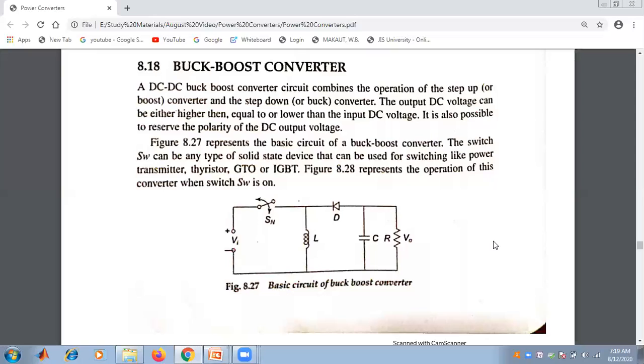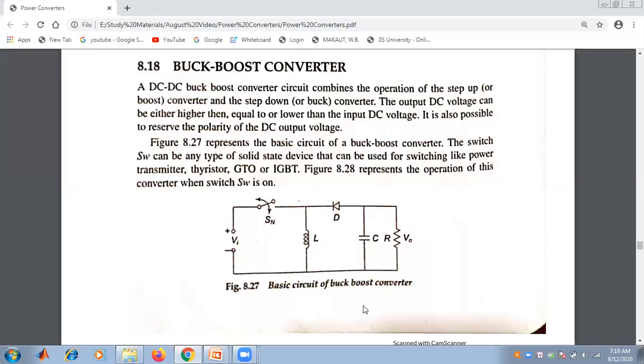It is also possible to reverse the polarity of the DC output voltage. This is the basic circuit diagram of the buck boost converter.